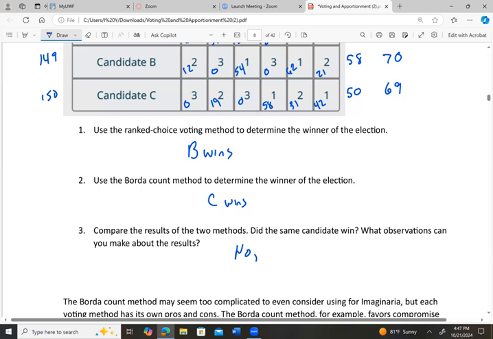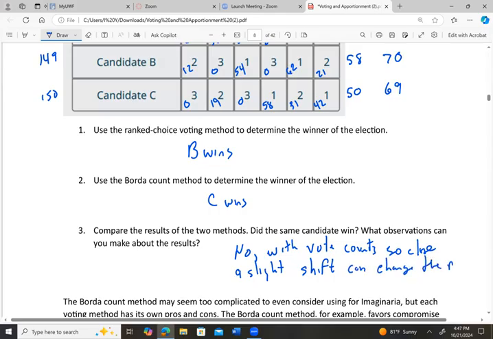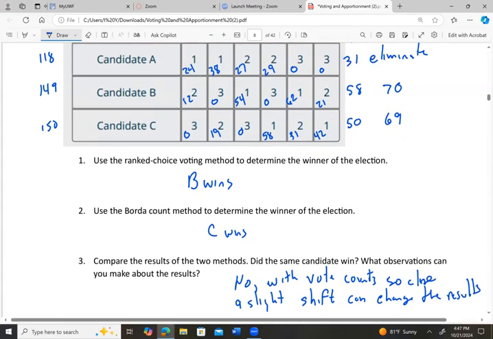Well, with our vote counts so close, a slight shift can change the results. Because if you recall, with ranked choice it was 69 to 70, and with Borda count it was 149 to 150.